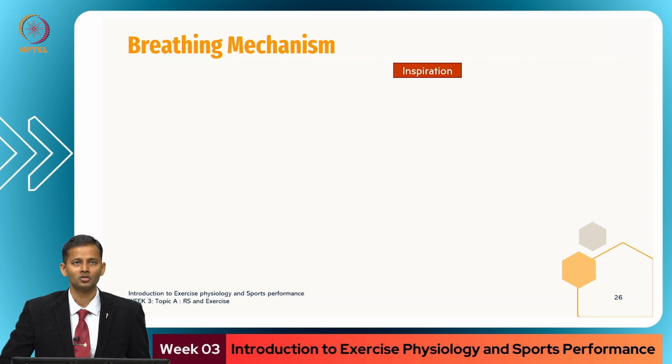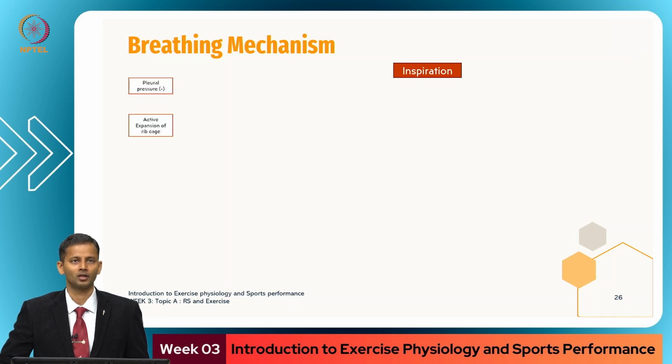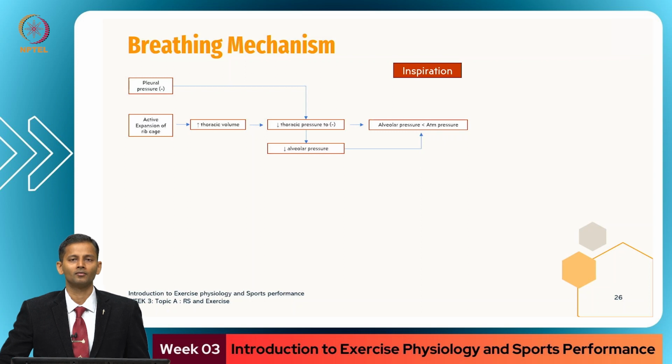To recapitulate, as you inspire, you have a negative pleural pressure in the pleural cavity, as we studied in the last session. In addition, there is active contraction of the muscles of inspiration, namely the diaphragm and the external intercostal muscles. This causes a further decrease in the thoracic pressure, which causes a decrease in the alveolar pressure, which becomes lesser than the atmospheric pressure.